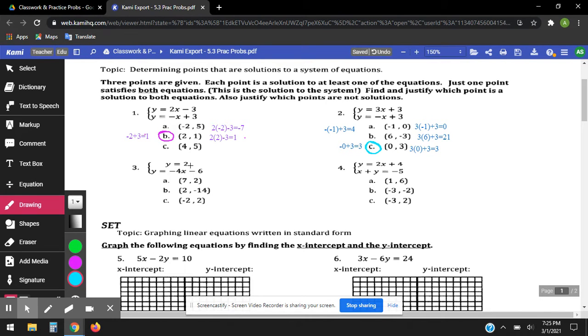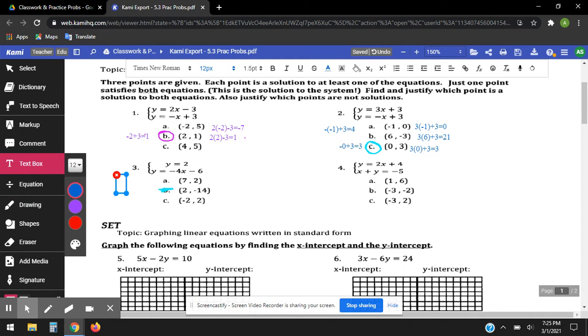Okay, let's try it down here. Y equals 2. Well, we already know from here the y is 2. So it's either A or C. We can cross off B because that is definitely not a y equals 2. I'll keep to my consistency and do this one over here.